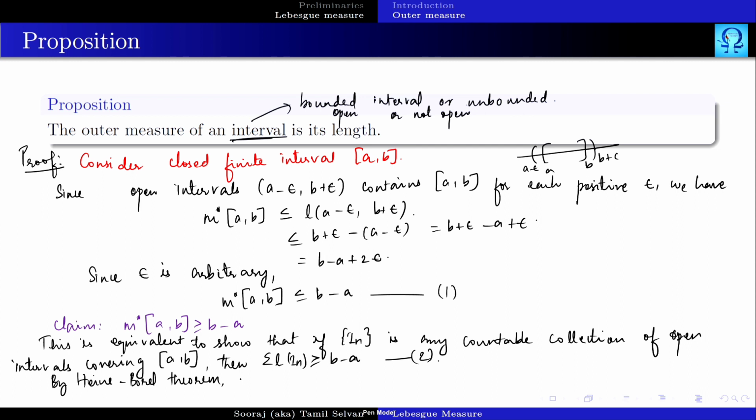Okay. So by the Heine-Borel theorem, what can we say?